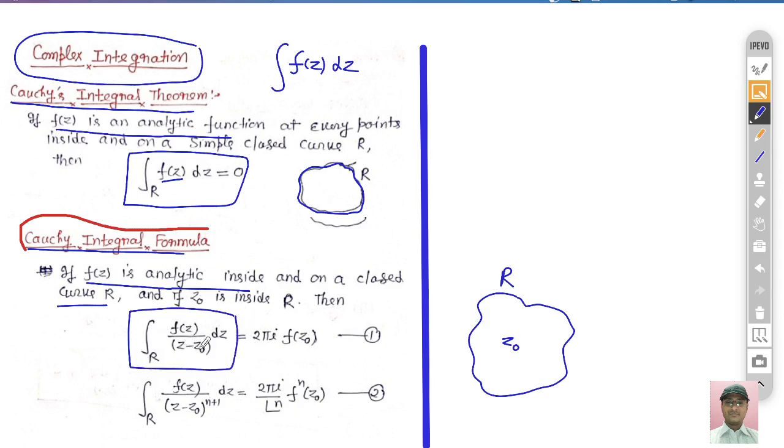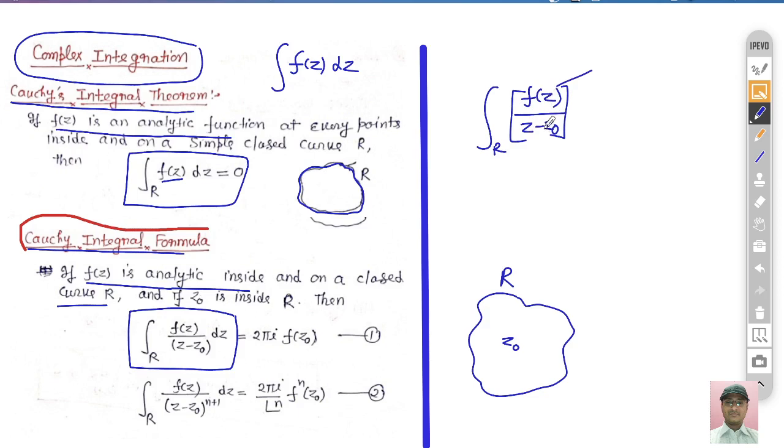If you put z is equal to z0 in this total function, f(z) upon z minus z0, what will happen? The total function is not defined, because it becomes f(z) by 0.